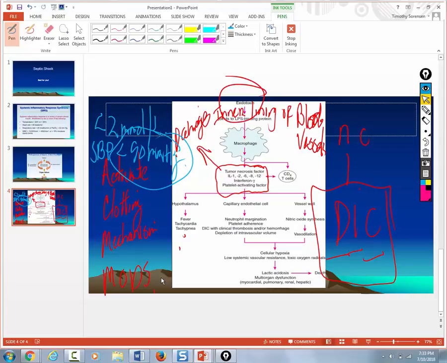It don't make no never mind. You give them a broad spectrum antibiotic. Say yeah. Then you're going to draw lactate levels. Then you're going to see if their kidney and liver function are normal. So you're going to draw liver enzymes and kidney function tests. Say yeah. And then you do blood cultures.